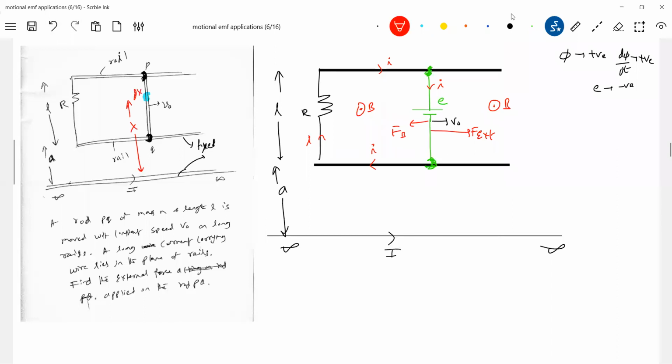What is the EMF induced in this small element? Let it be dE. So dE is equal to B V dx. What is B? Due to the long wire, B is mu naught I by 2 pi x.